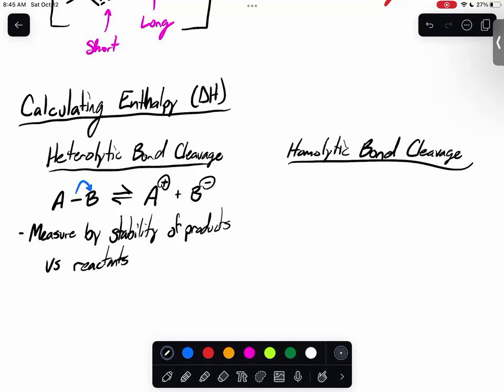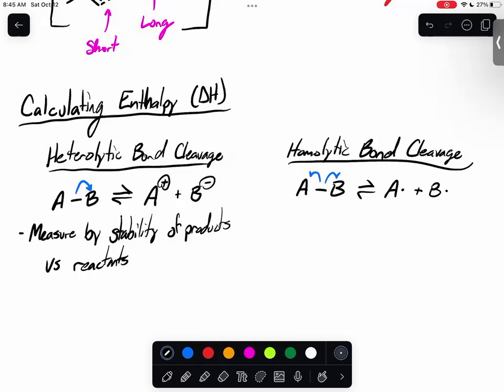But there is this idea of homolytic bond cleavage, where you have some A and B molecule and the bond splits evenly. Rather than two electrons going to one of the atoms, each atom takes one electron from that bond.